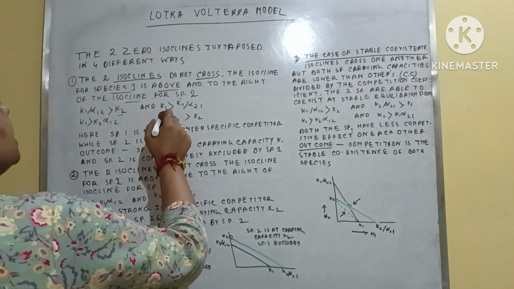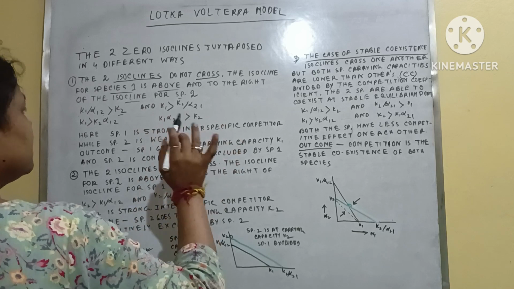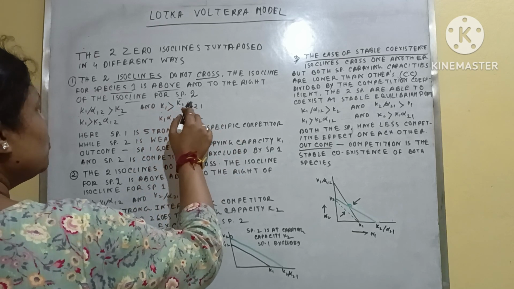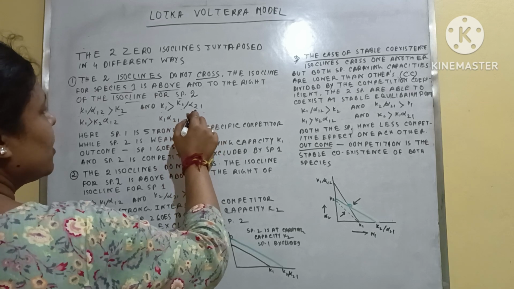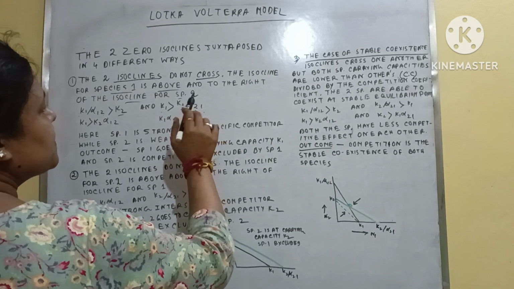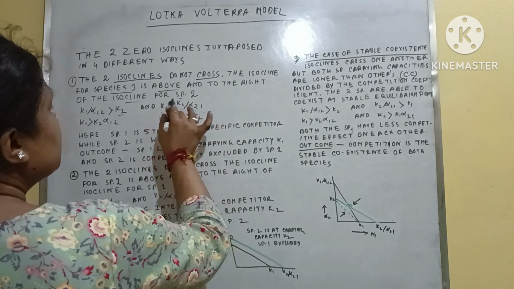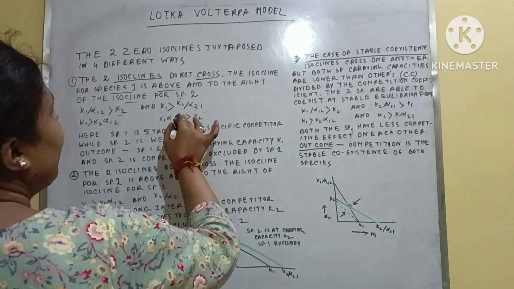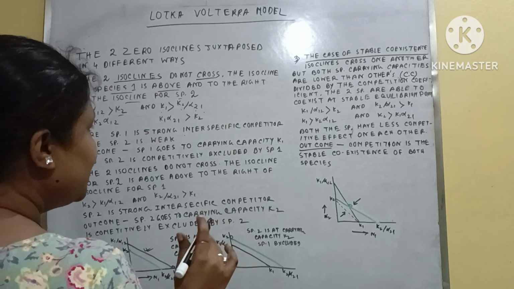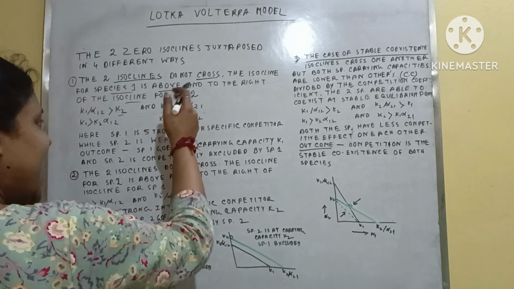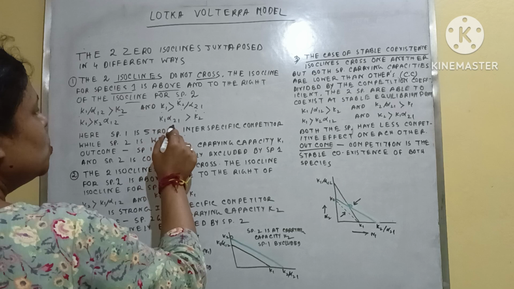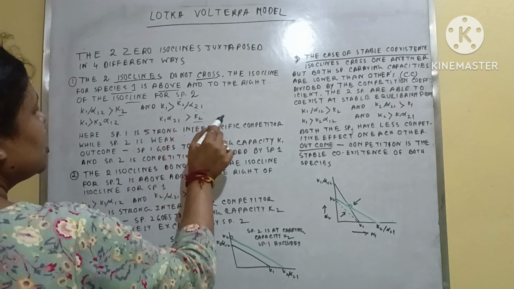And another thing is that K1 is greater than K2 by alpha 21. If you rearrange this, you will get K1 times alpha 21 greater than K2.